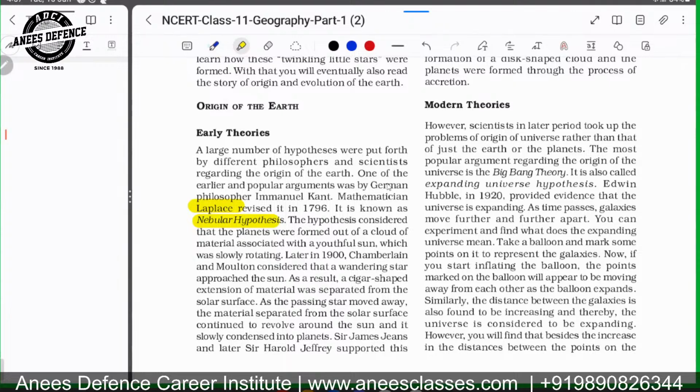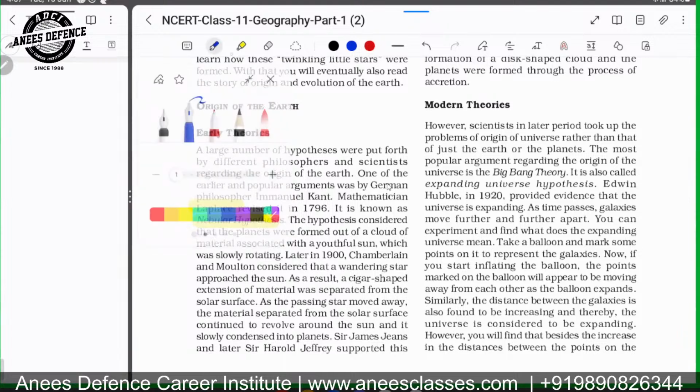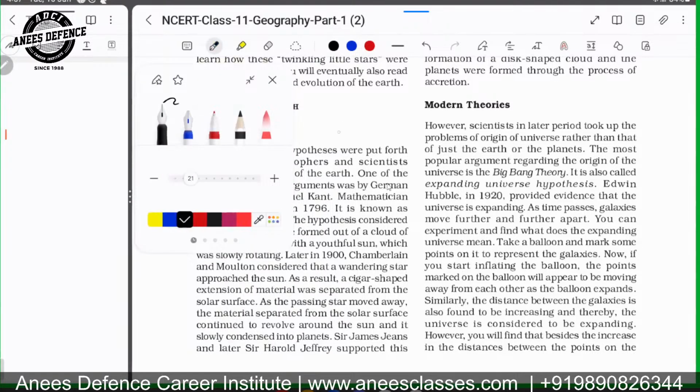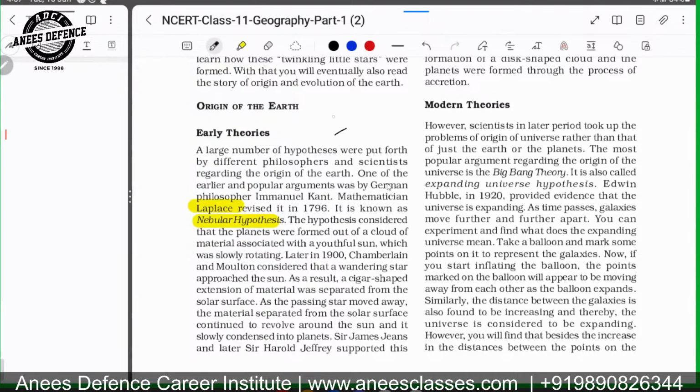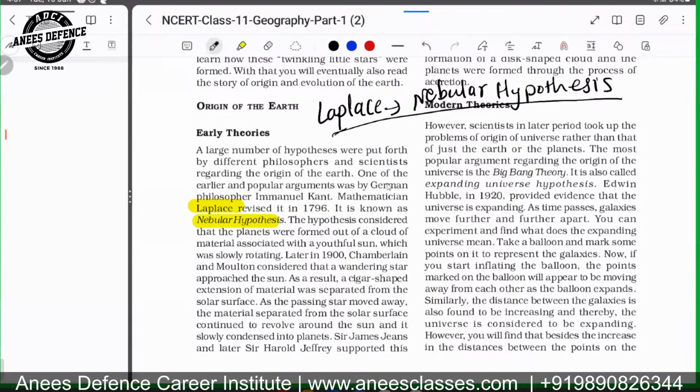So write it down in your notebook. Laplace has given the nebular hypothesis. This type of questions have already been asked.